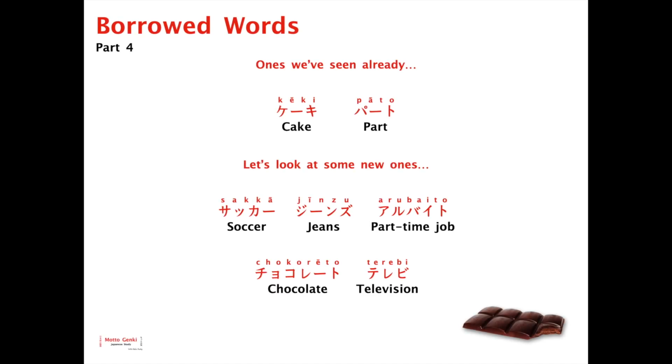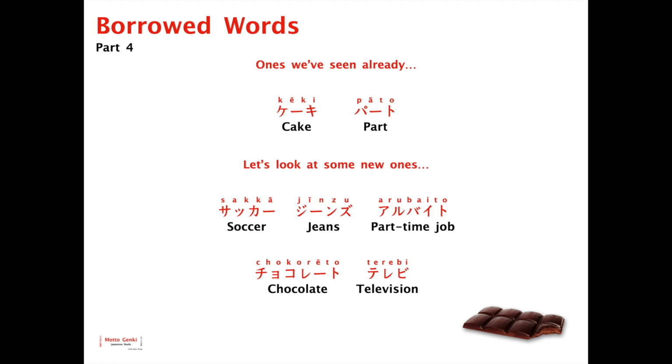So, already we've seen keiki, which is cake, from the previous section, and parto, which means part, that we see on every single slide at the beginning of the section. But there are some other ones. For example, saka is soccer, or as we say in Britain, football. Jeans is jeans. Jeans, as in the trouser variety and not the DNA variety.